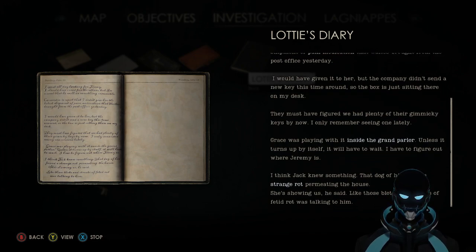They must have figured we had plenty of their gimmicky keys by now. I only remember seeing one lately. Grace was playing with it inside the grand parlor. Unless it turns up by itself, it will have to wait. I have to figure out where Jeremy is. I think Jack knew something. That dog of his found a strange rot permeating the house. She's showing us, he said. Like those blots and streaks of fetid rot was talking to him.